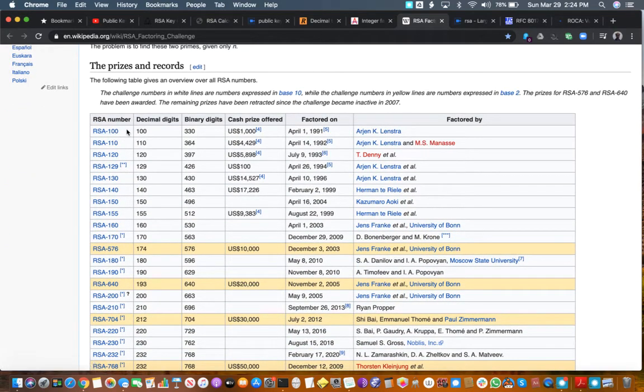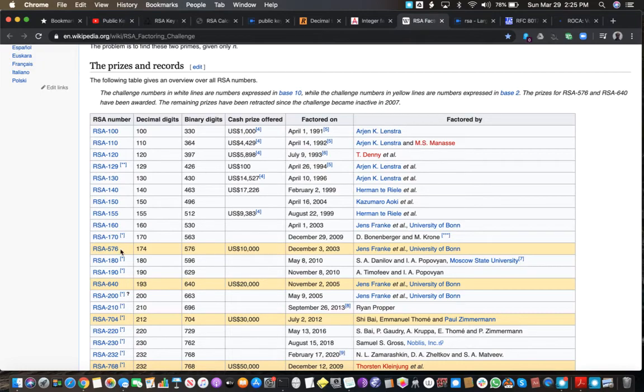What's written here is the number of decimal digits, and here's binary digits. So 300 odd binary digits were being factored by the early 90s. And then here are the ones with the quadratic sieve, and it went on. You can see the dollar amounts being paid. It's kind of funny how it actually goes down. This is 17,000, and then here it's dropped to 10,000.